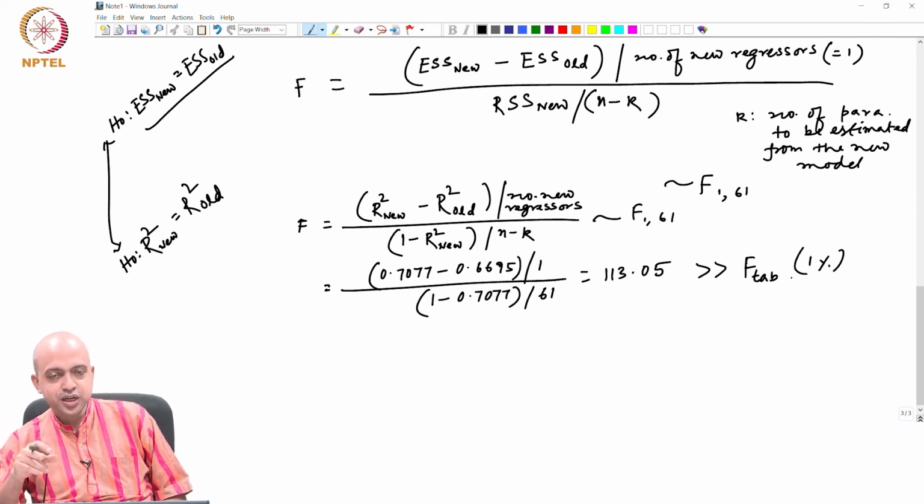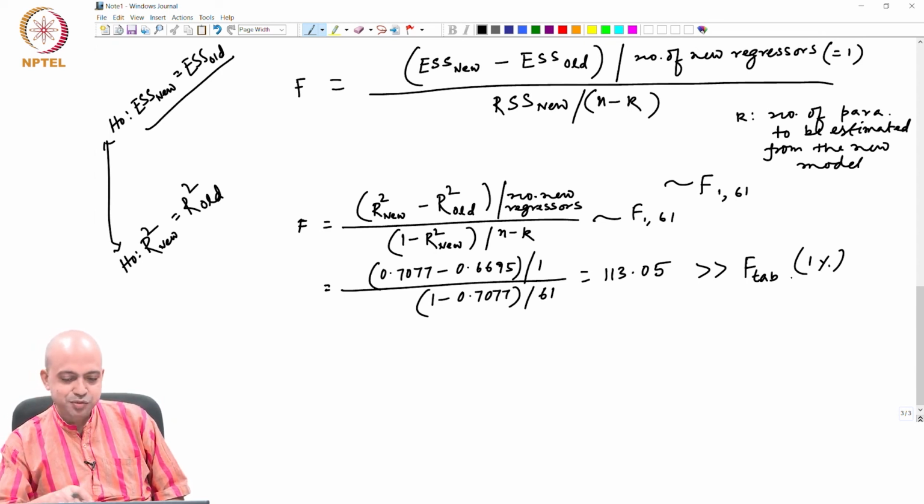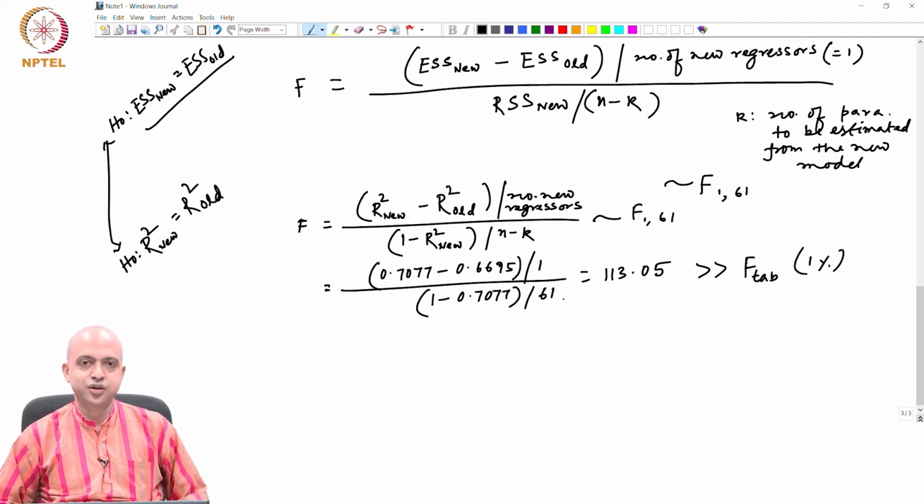The cost is basically losing degrees of freedom. That is why in the denominator we have n minus k; the expression is adjusted for degrees of freedom. The more variables you add, k would be more, and you have to divide by a smaller n minus k. So, in some way you are adjusting for degrees of freedom.